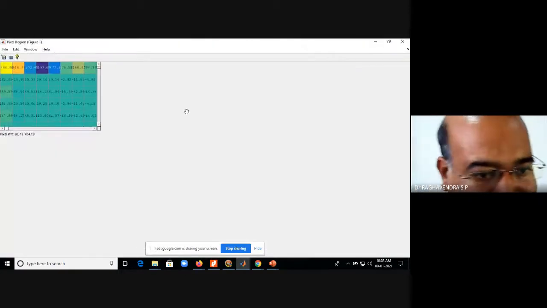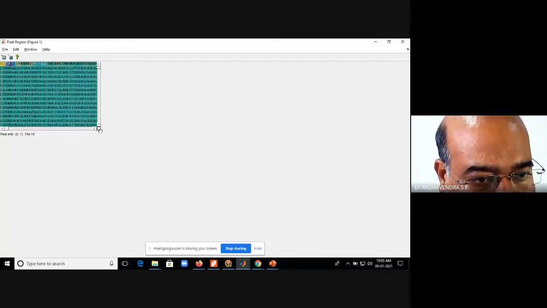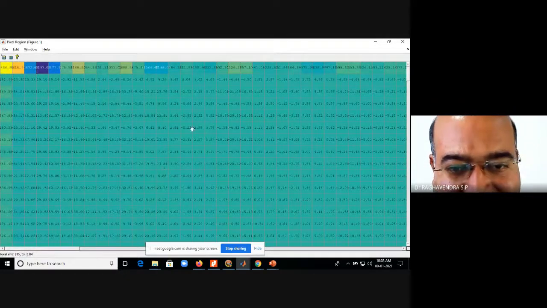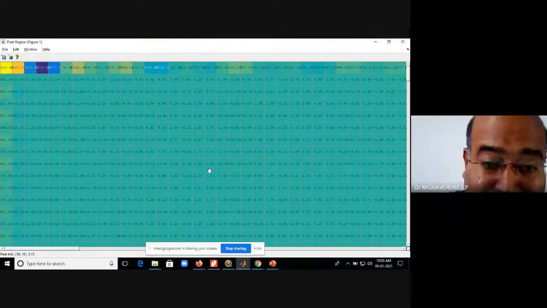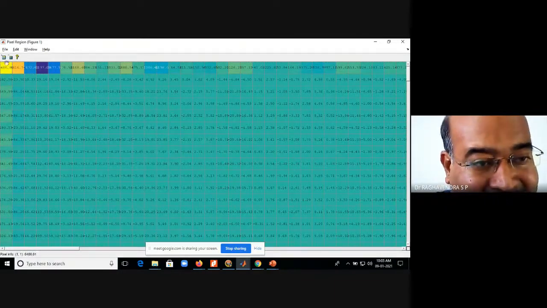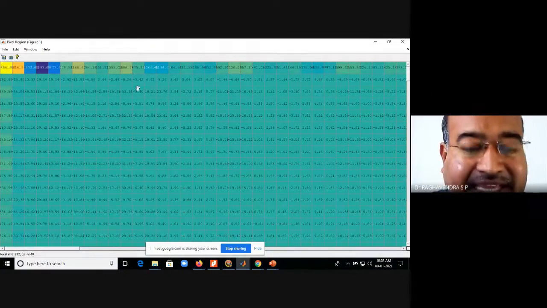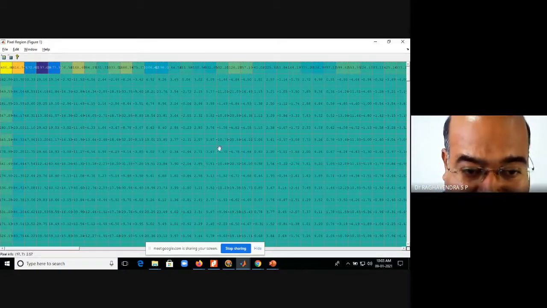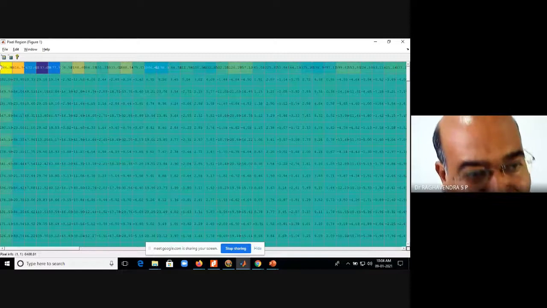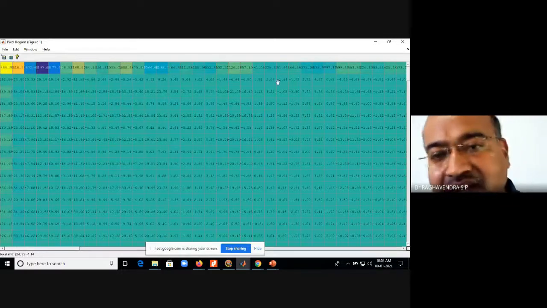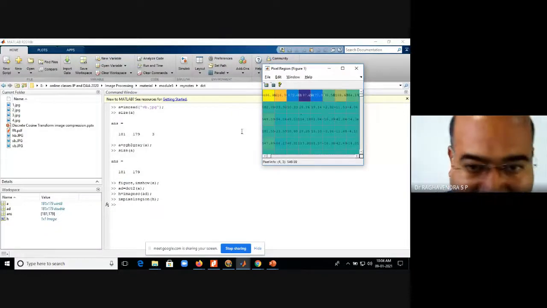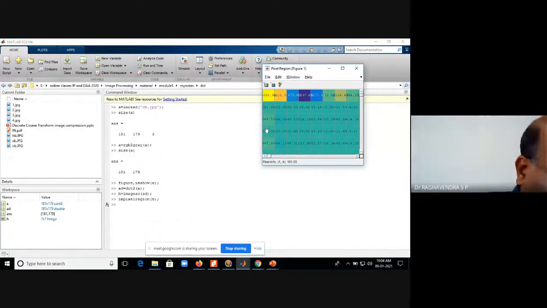Maximize this and you can notice it clearly. Only the horizontal components are present, whereas the rest of the components are not repeated many times. If you compress only this band, you can easily achieve a higher and higher compression ratio. Instead of compressing all these values, if you compress only the first row, you can achieve more and more success. That is the conclusion of the discrete cosine transformation.